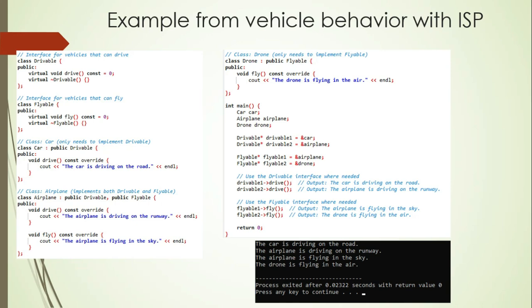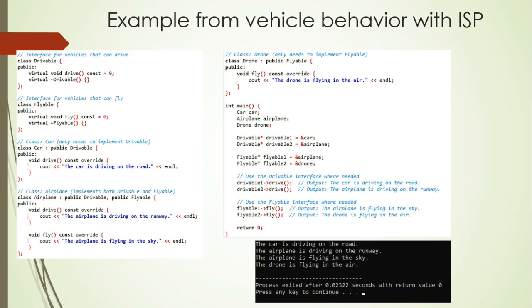Which vehicles? Car, aeroplane, and a drone. And then we have a Drivable pointer, Drivable* drivable1 is equal to &car. Similarly, we have a Drivable* drivable2 is equal to &aeroplane.